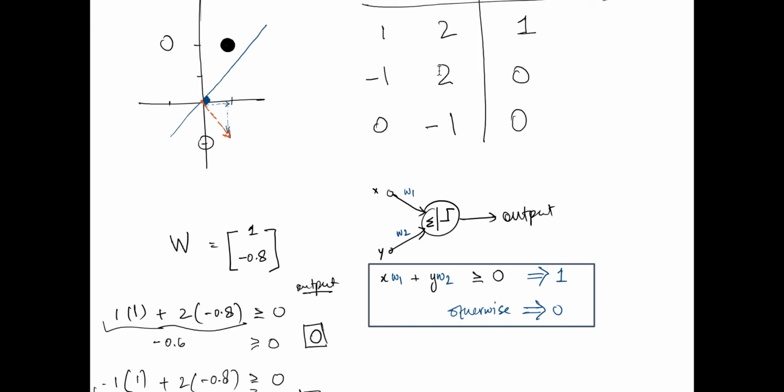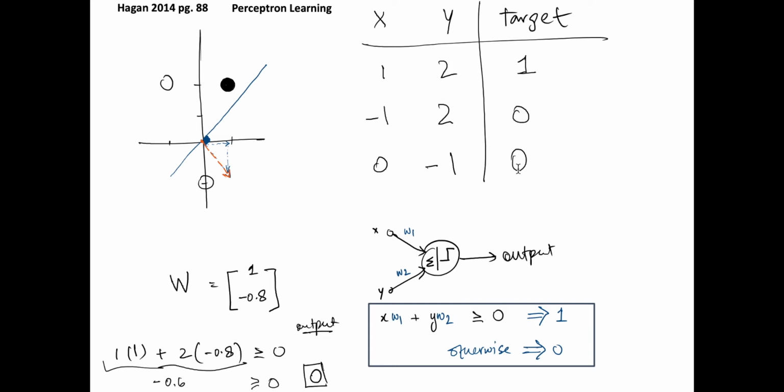We took these inputs one by one and figured out what the output is. We just followed this equation right here for a simple perceptron, and we figured out whether or not these inputs result in the target output with these randomly taken weights.